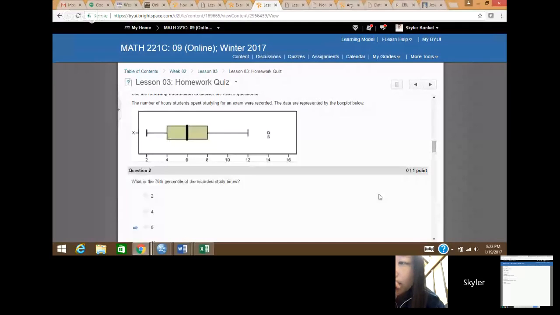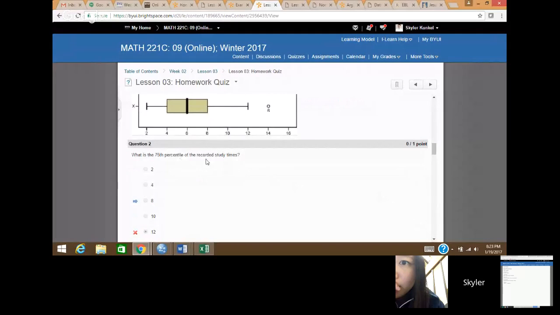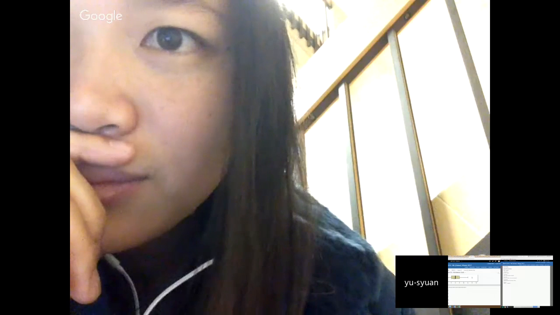Okay, so here's this box plot. The question is, what is the 75th percentile of the recorded study times? We put 12, but the answer is 8. So it would be right here. So is this 2 the minimum? Mhm.